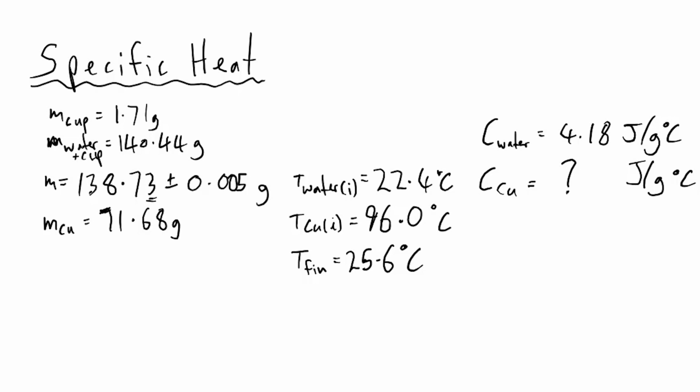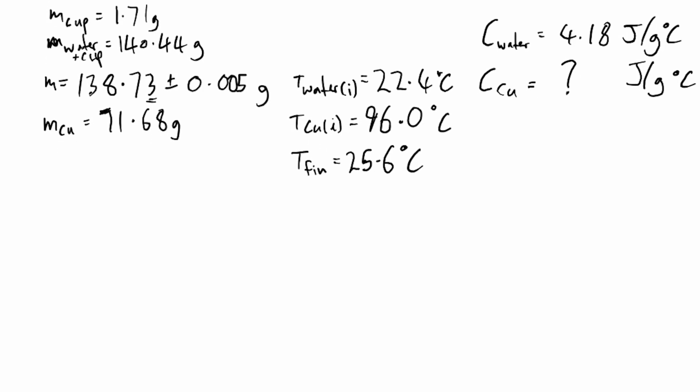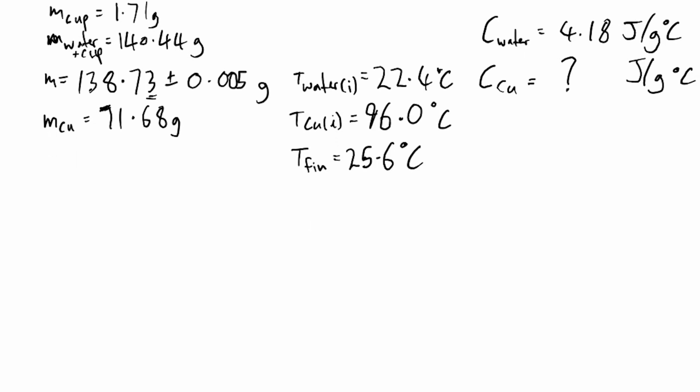So let's work on how that works. So we have the equation delta H, which is the change in heat of the thing that's happening. Delta H equals M, the mass of the substance that you're looking at, times C, the specific heat of that substance, times delta T. Delta T is the change in the temperature.